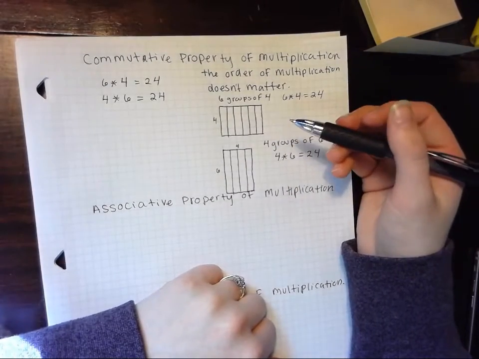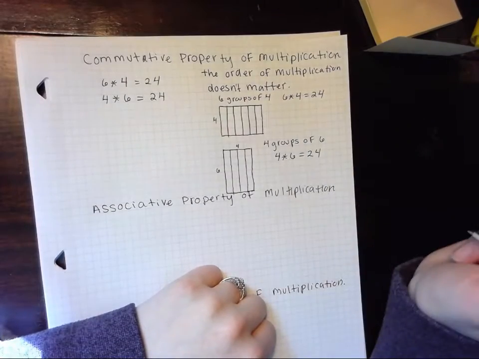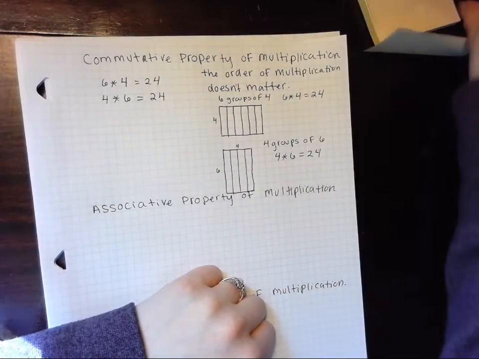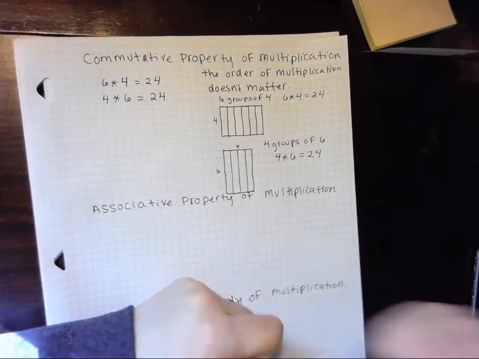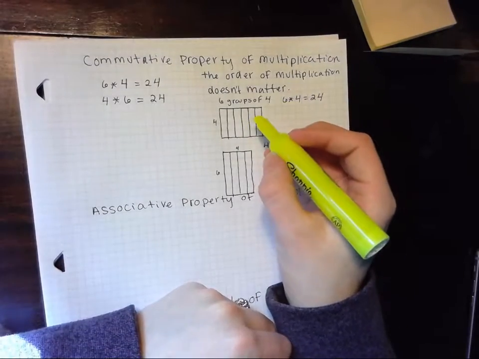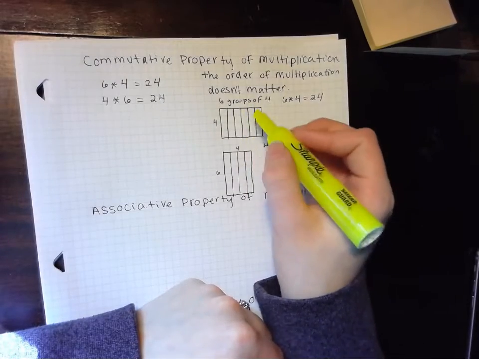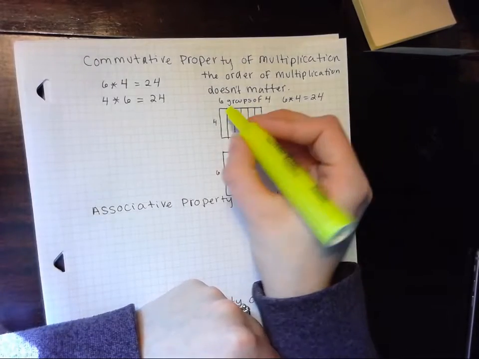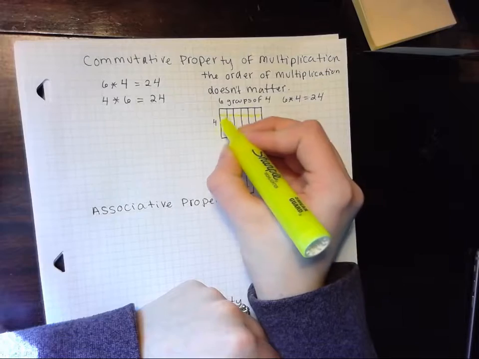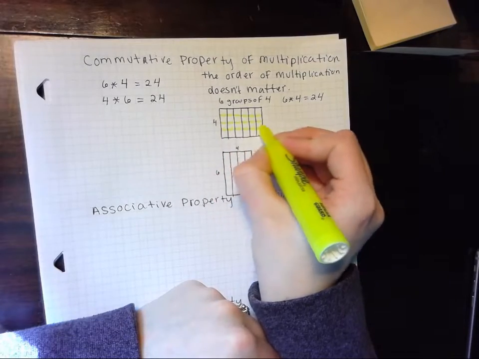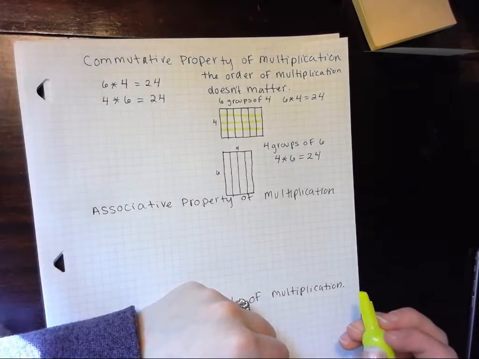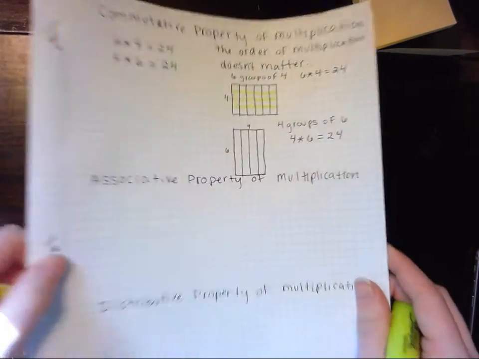So let's see. On this top one, you see 6 groups of 4, but if I wanted to show you where my 4 groups of 6 are, all you would have to do is draw these lines the other direction, which I don't know how well you can see that.